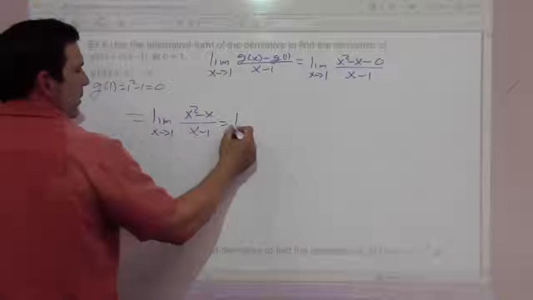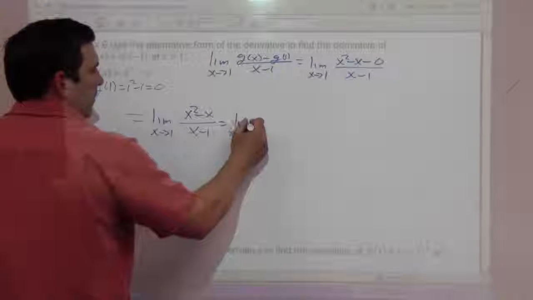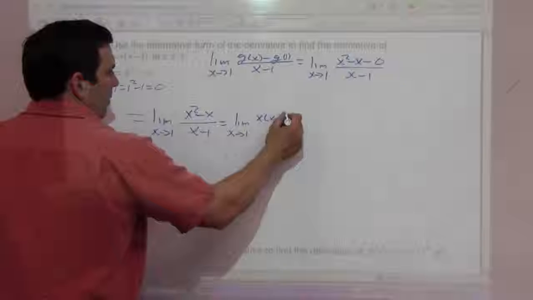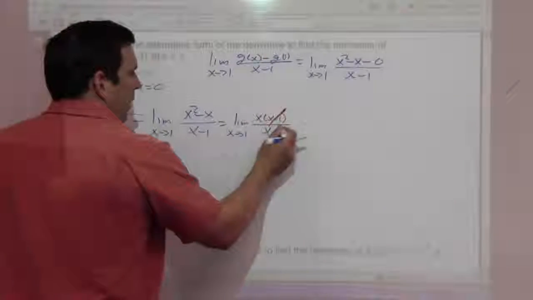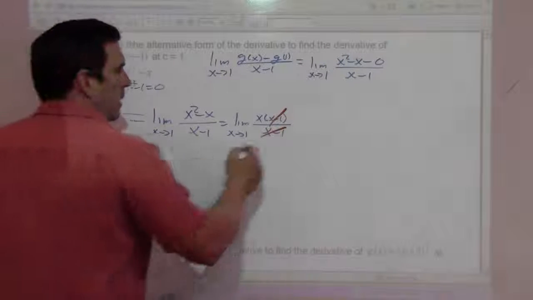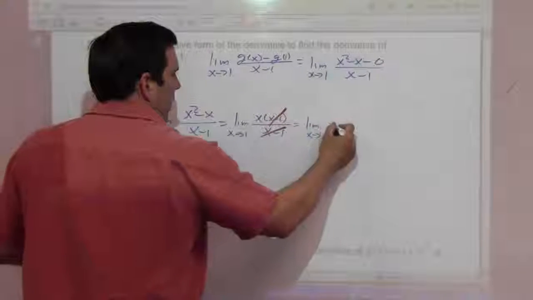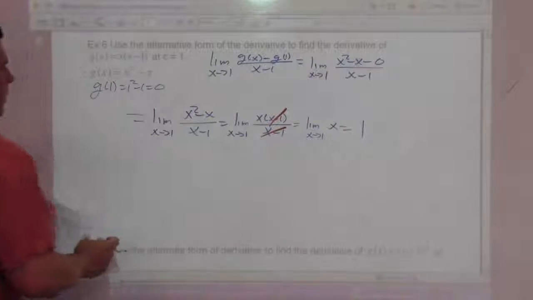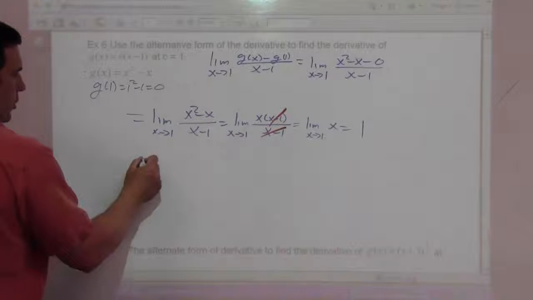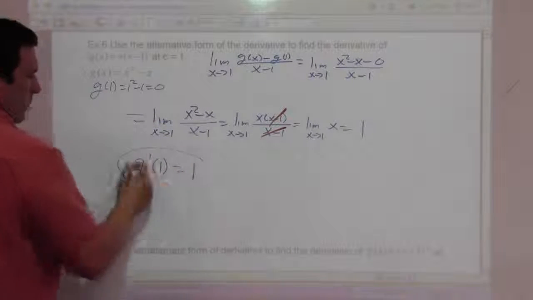And you can factor the numerator. The x minus 1's divide out. Leaves you with the limit as x goes to 1 of x, which is just 1. So g prime at 1 equals 1.